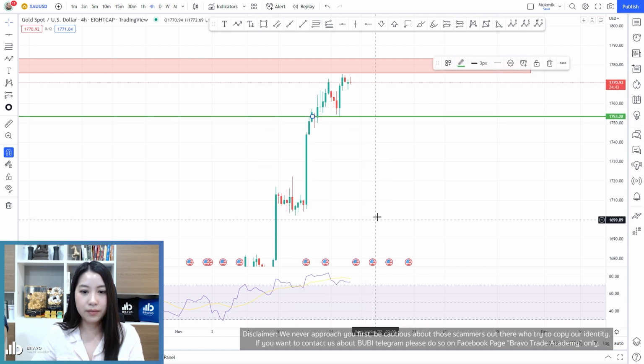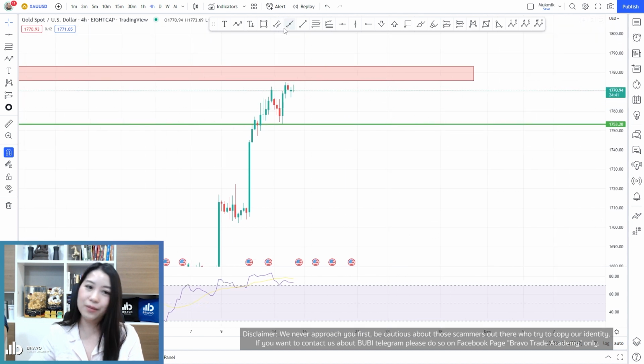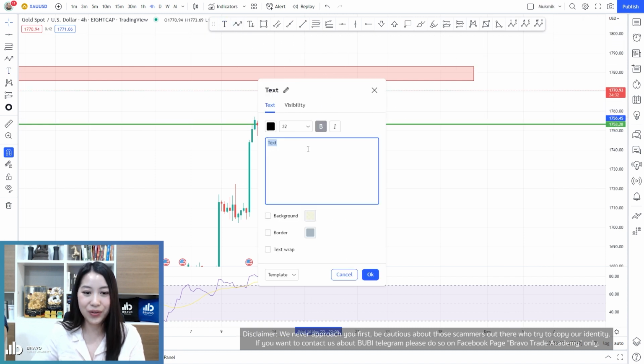Okay, so the buying plan, I would say that it is going to be the same one. This is the super hidden divergence that we had in our course, but I will move a little bit up, so it would be around 1755 to 1750.